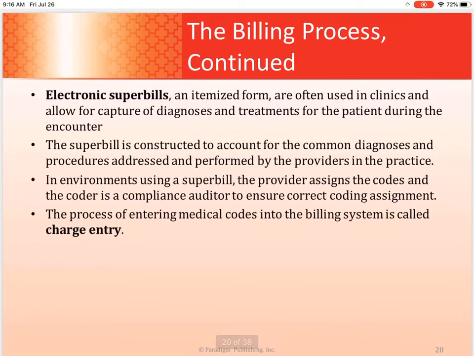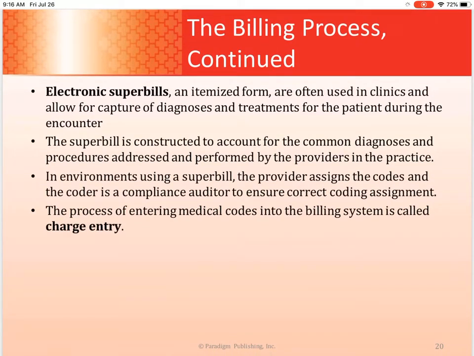Let's see. Now, getting into the electronic billing process. An EHR system may have a billing software component built in, or the EHR system may interface with a separate billing software program. EHR Navigator has billing software built directly into the EHR system, so no computer interface is necessary.